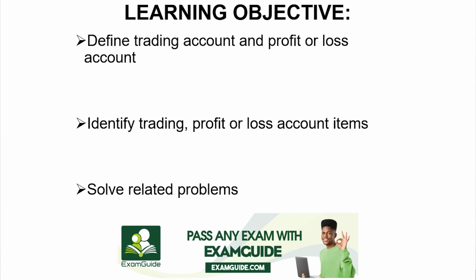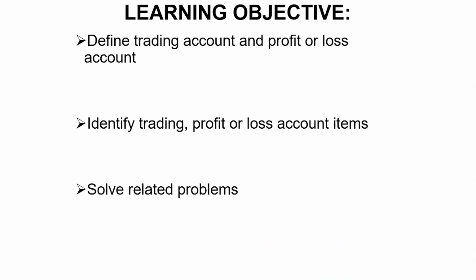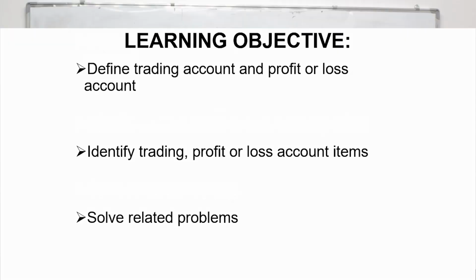Number two, we are going to identify those items or those transactions that one can easily find under trading profit or loss account, and then we are going to see how we can solve related problems.